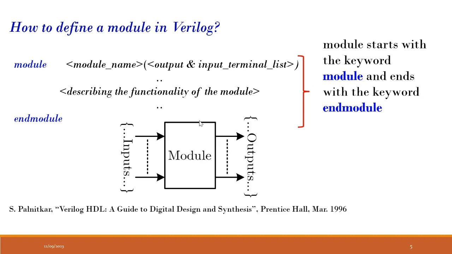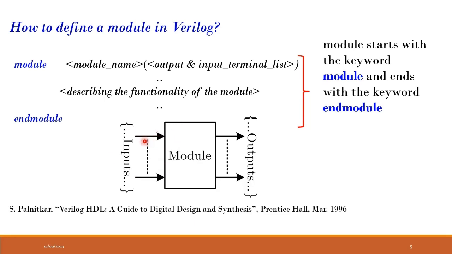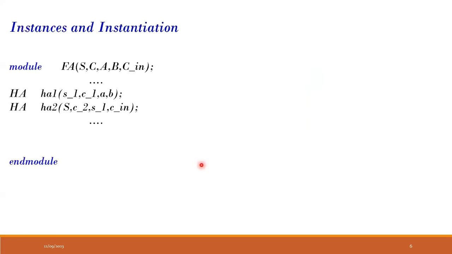So this is how a module is given over here, and this is where the inputs are, and this is where the outputs are. Inside the module, we will write the code of what we will do with the inputs and what will be the output.